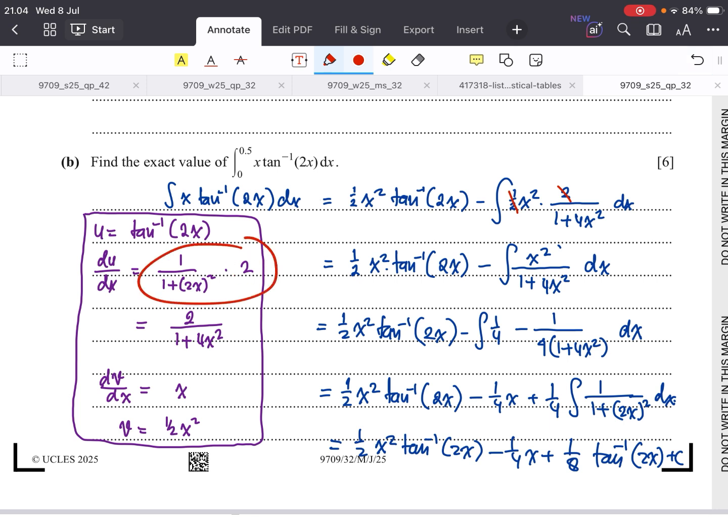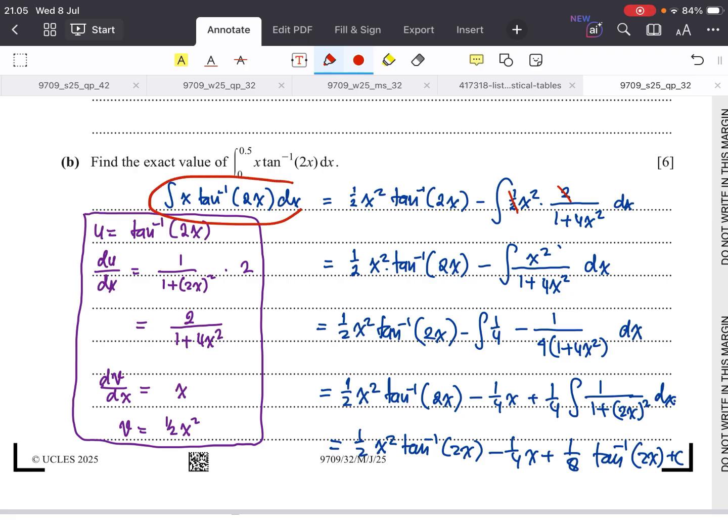So we combine the chain rule with the formula in the list of formula. So the differentiation du over dx is 2 over 1 plus 4x squared. And then dv over dx is x. So v is the integration of x, which is equal to half x squared.